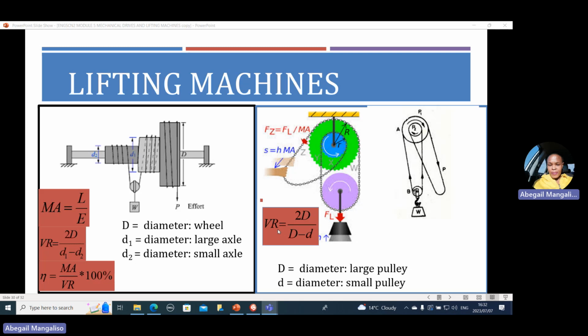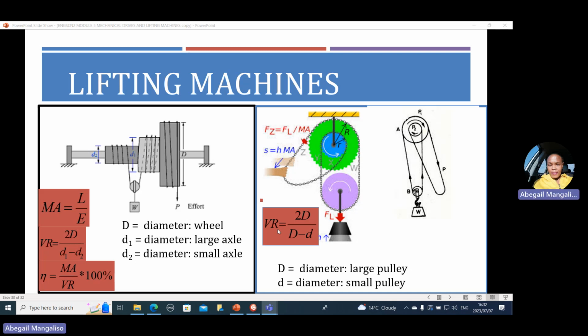The velocity ratio of this machine is given as 2D. There are only two diameters that we focus on. Velocity ratio equals 2D divided by D minus the smaller diameter.